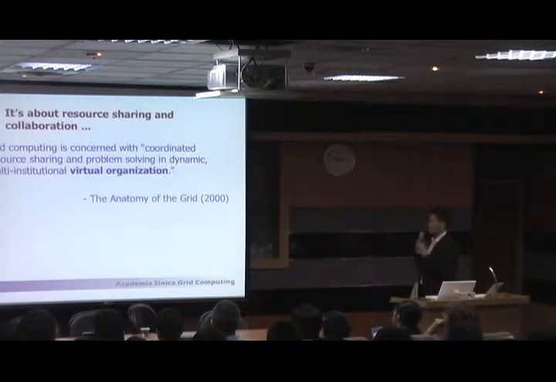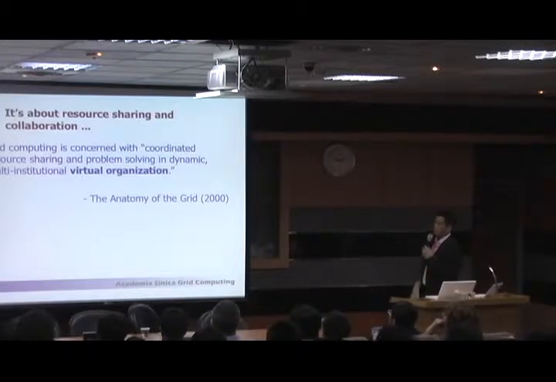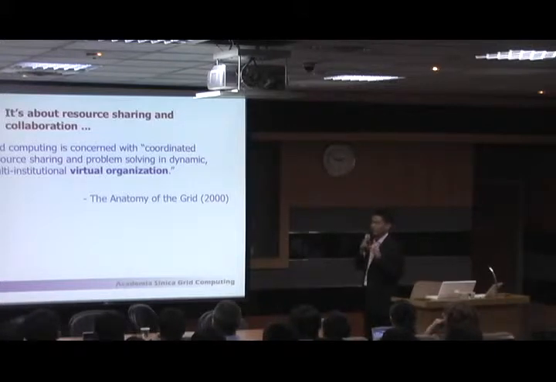After two years of developing the implementation of this idea, they finally wrote a paper called The Anatomy of the Grid. In this paper they also pointed out a concept called virtual organization.